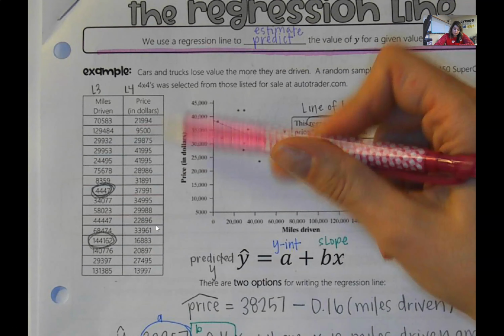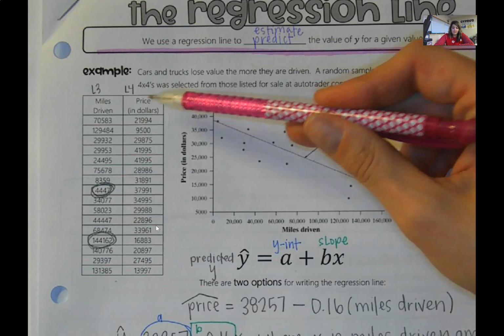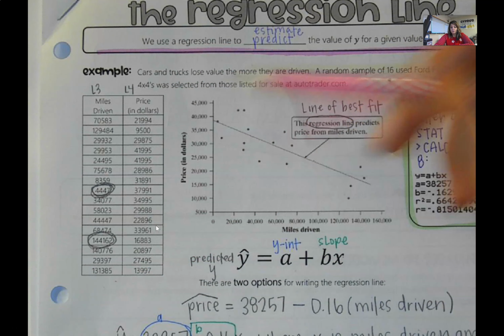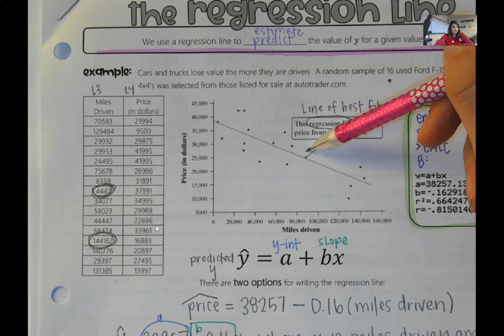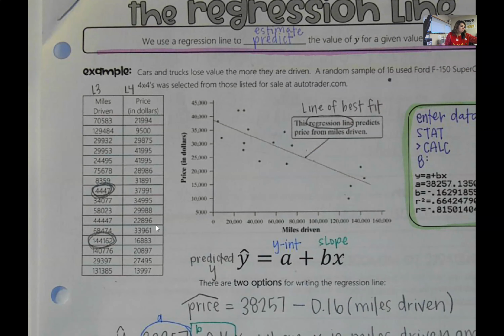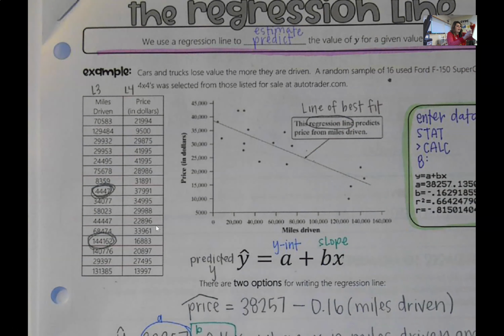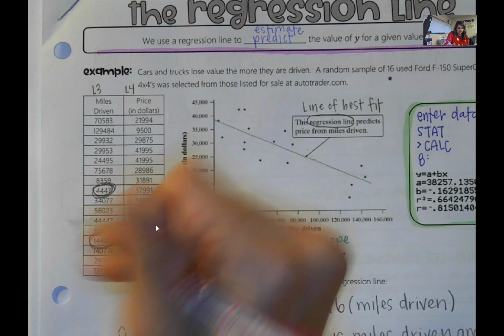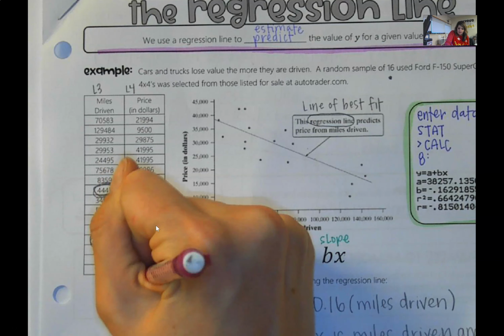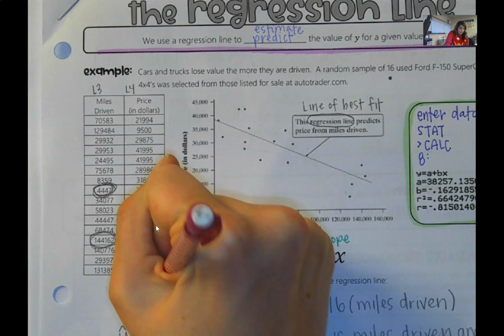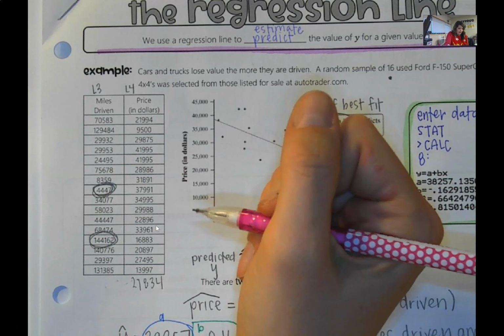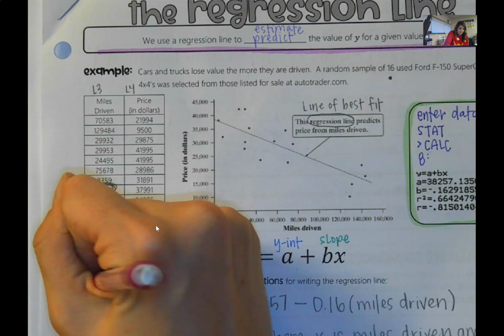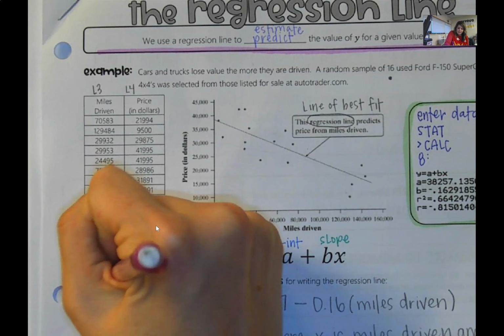The average miles driven and the average price will be a point on your regression line. In fact, I believe that I know these values. The average price is 27834 and the average miles driven is 63980.